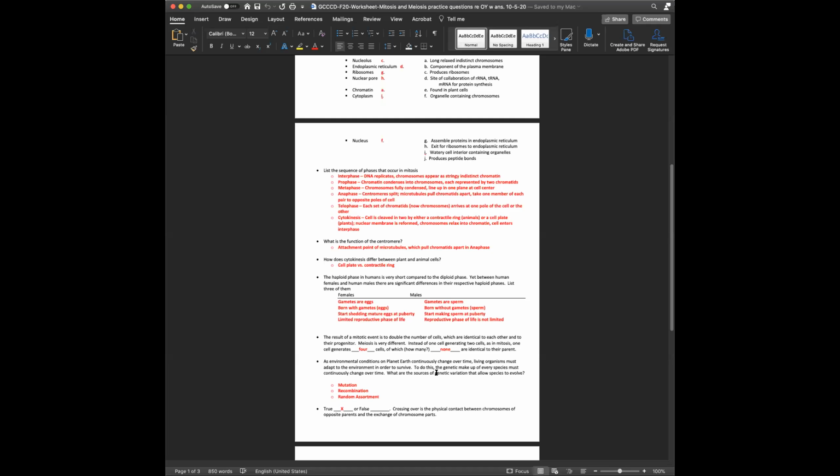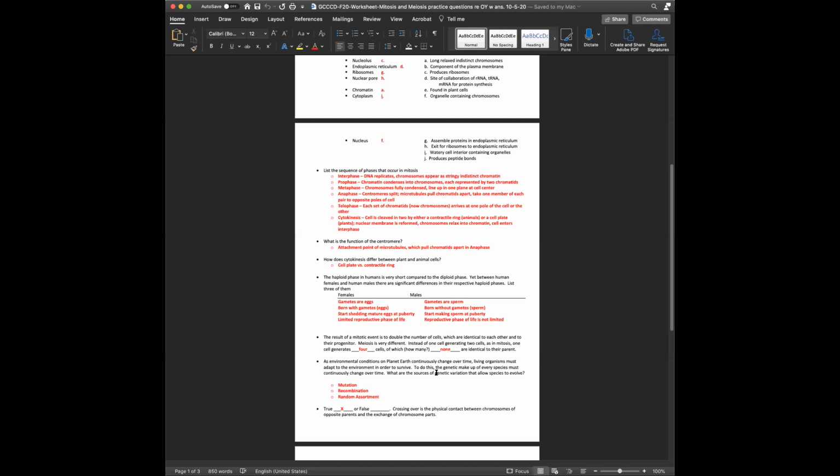What are the sources of genetic variation that allow species to change for natural selection to operate on variation? Well, they're listed here. One is mutation. We talked about mutation extensively, all the different types of mutations that there are. And a mutation can lead to any number of different phenotypic changes.